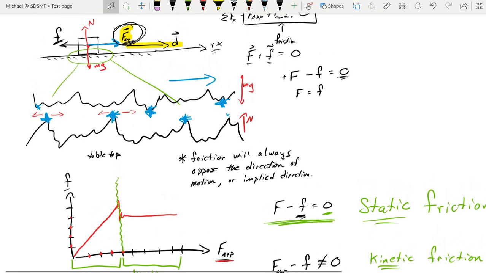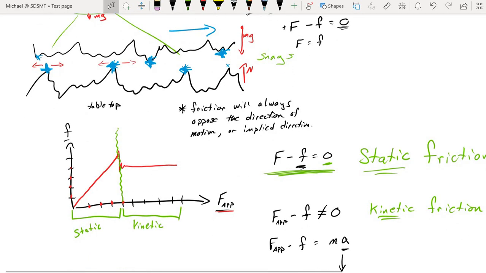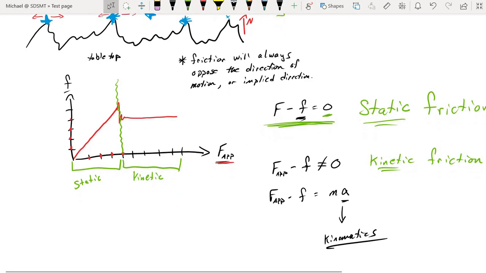Remember, just because we're moving doesn't mean that we don't still have all of these peak-to-peak snags. Those are still happening, but the snagging effect is not enough to slow us down and keep us from moving. And the really interesting thing is over here in the kinetic side of things, we see that the line on the graph becomes constant.